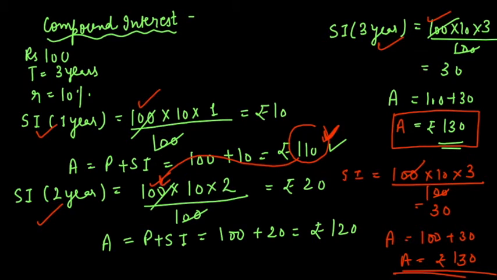So here you see the principal which was 100 rupees. In case of compound interest, for the second year it is going to be 110 rupees. Okay. Now when you have calculated 120 rupees amount here, this will be your principal in the third year. So the principal instead of 100 in the third year will be 120 rupees.